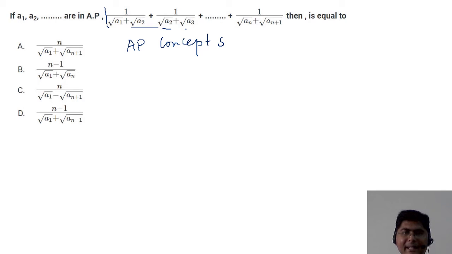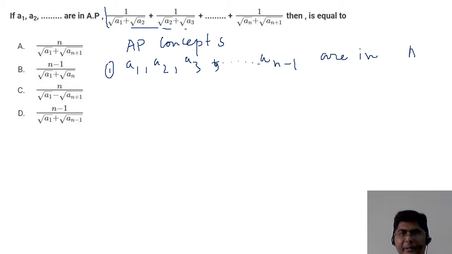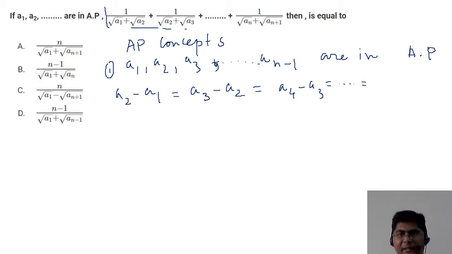Now if I say that a1, a2, a3, up to a(n+1) are in AP, then can I say a2 minus a1 is equal to a3 minus a2, which is equal to a4 minus a3, and finally a(n+1) minus an?